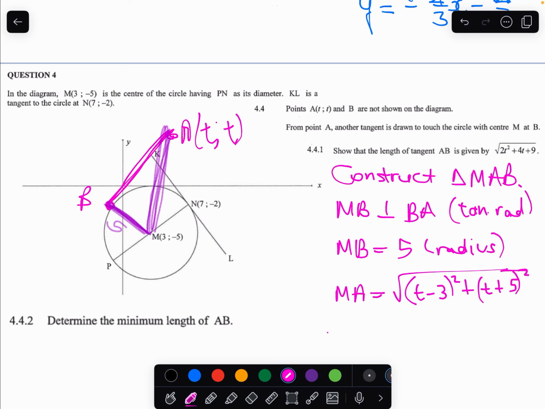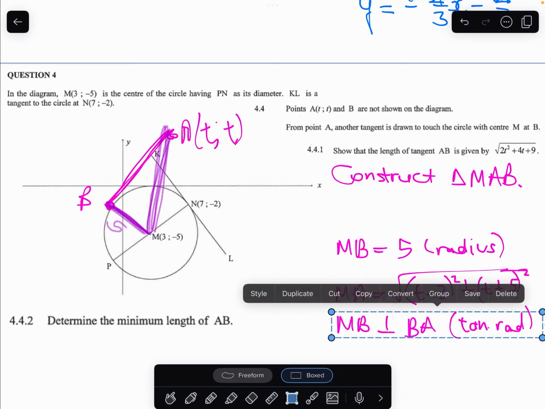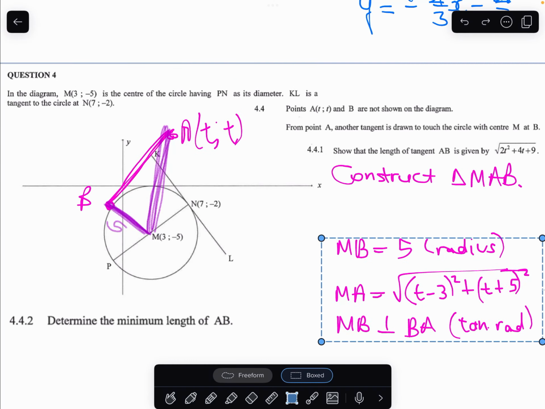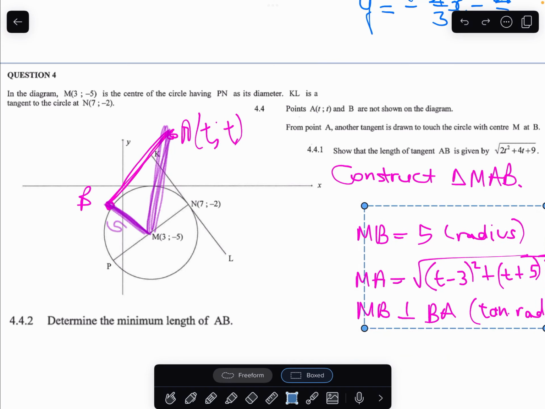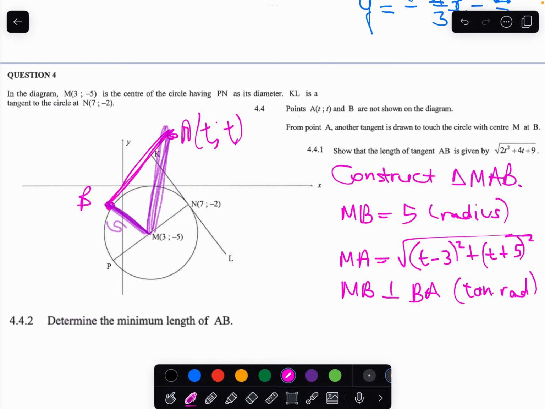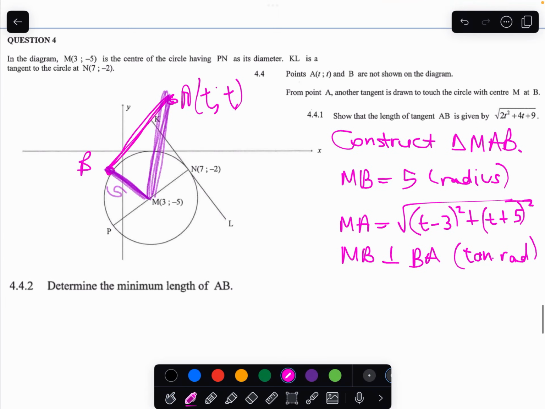And so therefore, this is where the perpendicularness comes in handy. Because they are perpendicular, I can use Pythag.